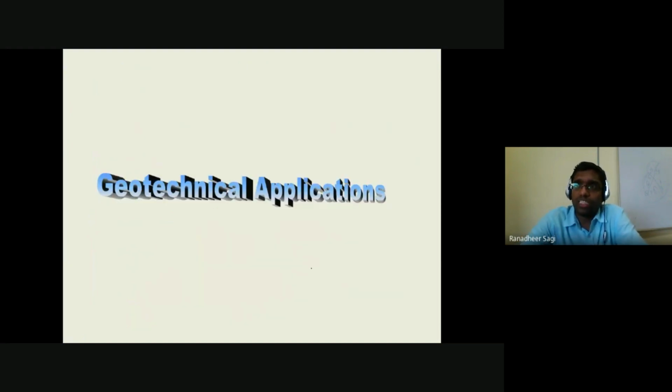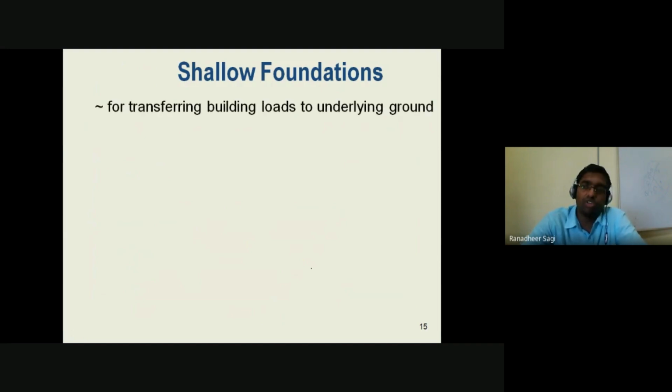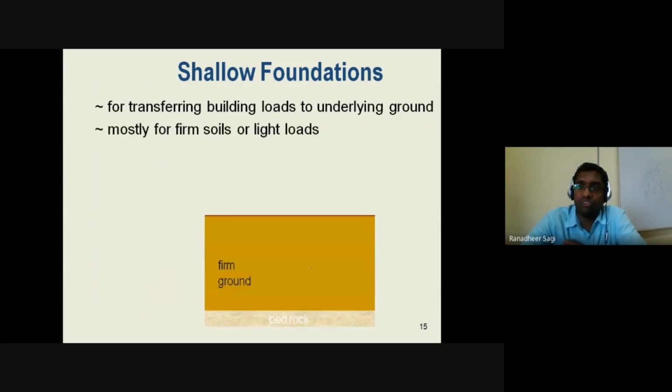Now, what are the various geotechnical applications in which this understanding of soil is very essential? In the case where you are required to design a foundation, it could be a typical shallow foundation or a typical deep foundation. For any structure, if I want to design any type of foundation, what is very important is to know what type of foundation has to be designed there.